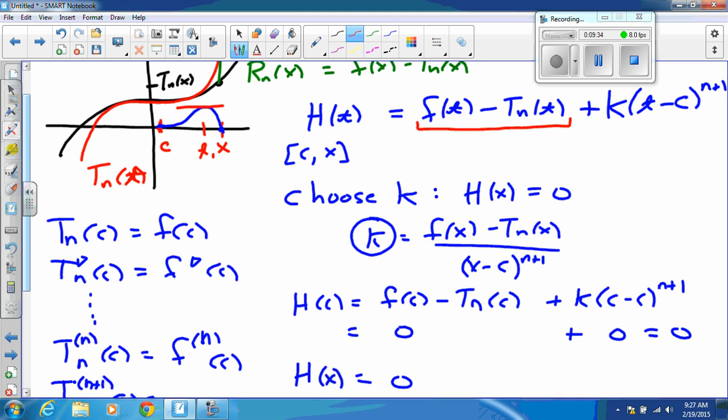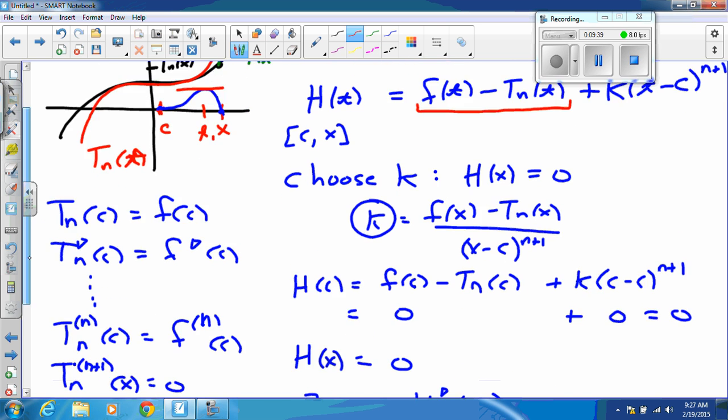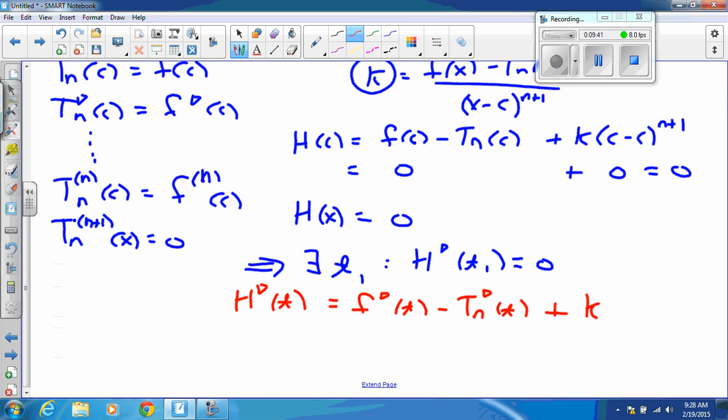K is a constant, and k times t minus c to the n, but we missed this coefficient, n plus 1, times n plus 1. Yep. Exactly so. Great. So this is h prime of t.